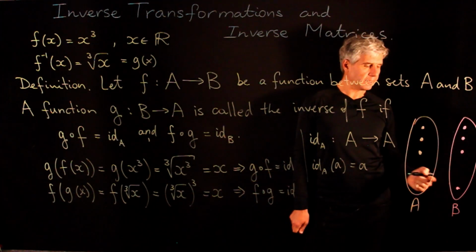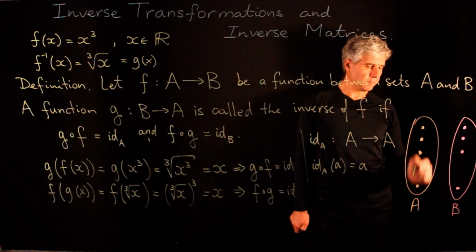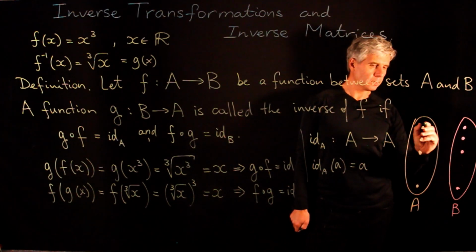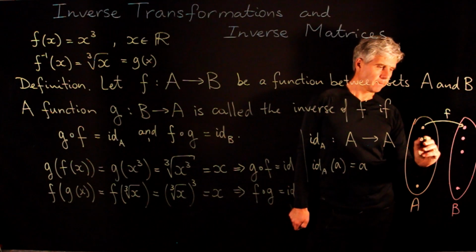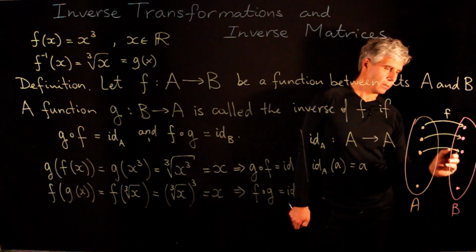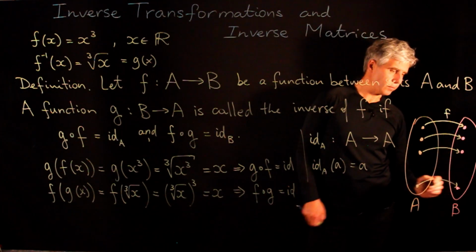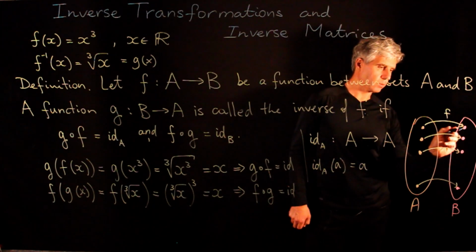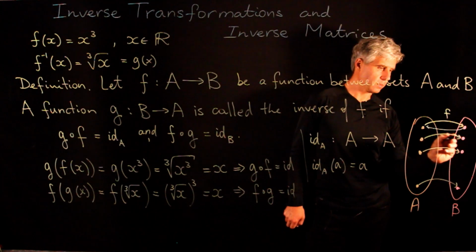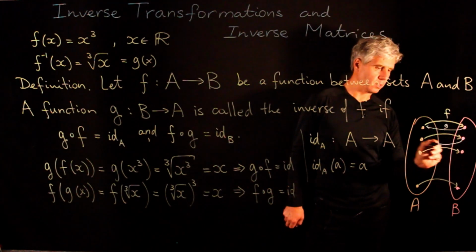Now diagrammatically, if we have a function between sets A and B, so the function f goes in this way, then the inverse function will just reverse all the arrows. So it will go like this. So this will be the function g.